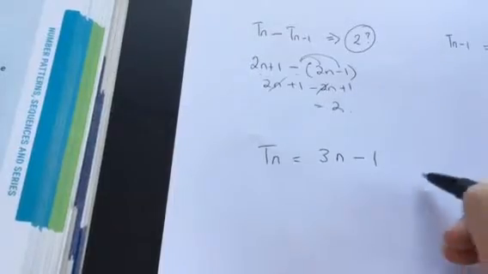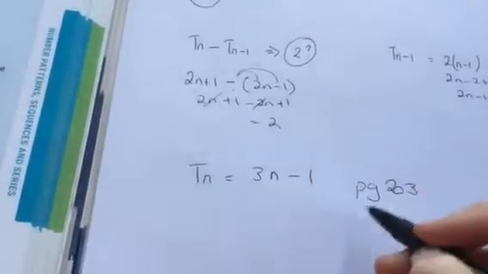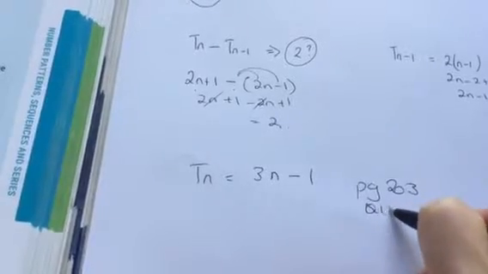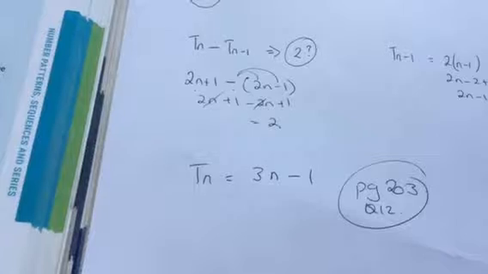Or there's a question in your book on page 203, and you can check if some of them are linear. Question 12. Not all of them are linear, but some of them are linear. You'll probably even know by looking at the general term, if you link it to your algebra and functions, if it's linear or not. But it's about proving that it's linear, if you think it is linear.